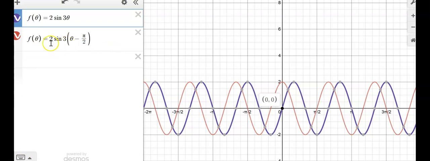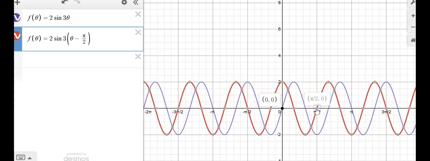And the second function is 2 sine 3 theta minus pi by 2. That means the graph will shift pi by 2 units to the right because of this minus. Now look at the red one. In the positive side, where it's intersecting the midline, which is this y equals 0, this x-axis, where it's cutting it for the first time going up, positive.